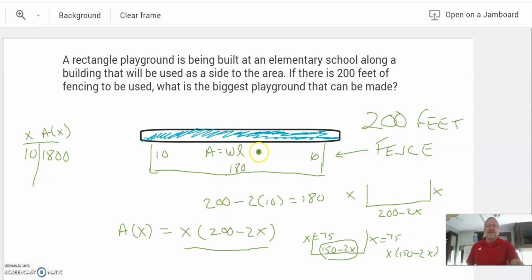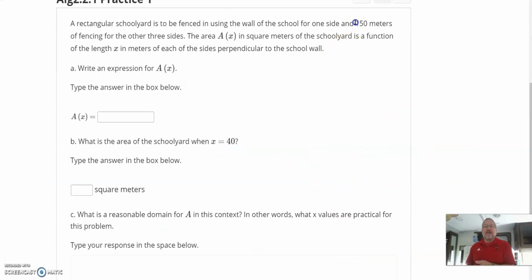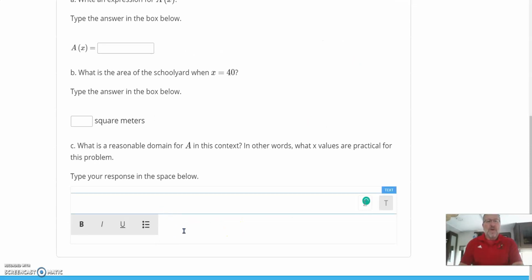So a practical X domain, a value of X's that are realistic for this problem, we're limited to just 150 feet. A realistic domain would be one that keeps the X value less than 75 feet.